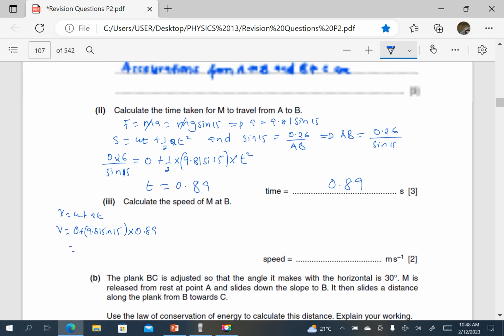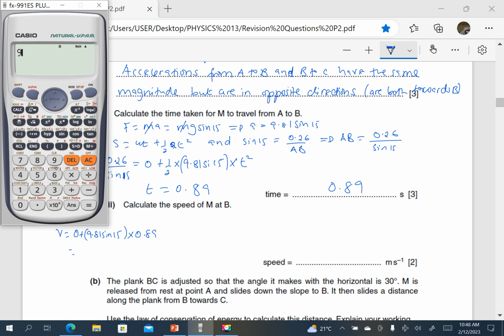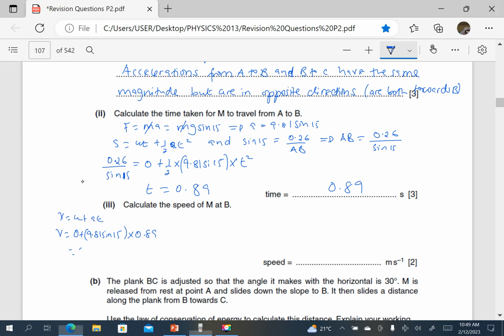So V is 9.81 sine of 15 times 0.89. So that is 2.26 meters per second. That's method 1.